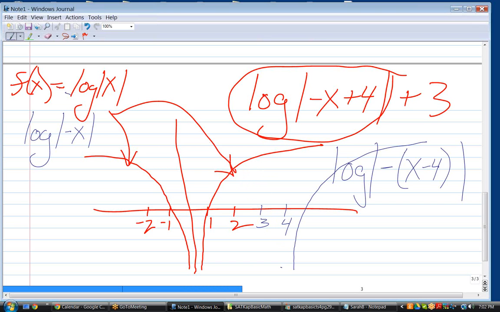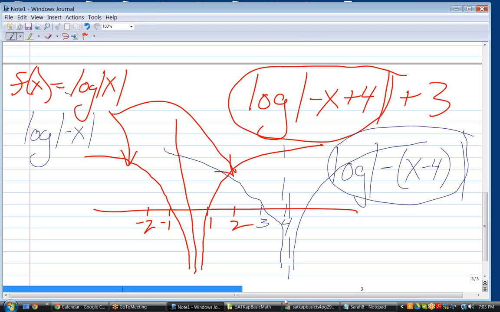That was pretty pathetic. Okay, so I'm saying that the graph of that part of it is this graph here. Well, if x were 4, we could not take that. In other words, we need a vertical asymptote at x equal 4. We have it.